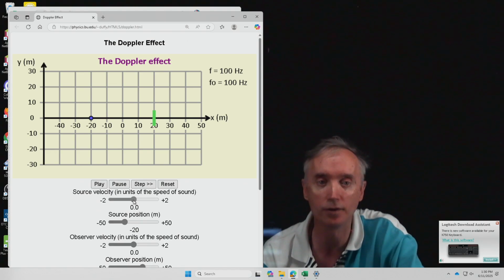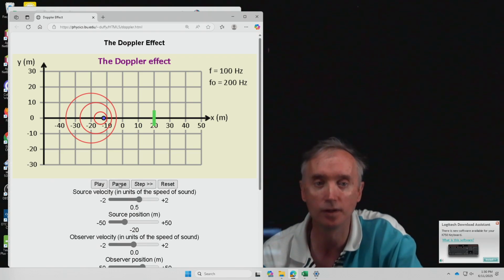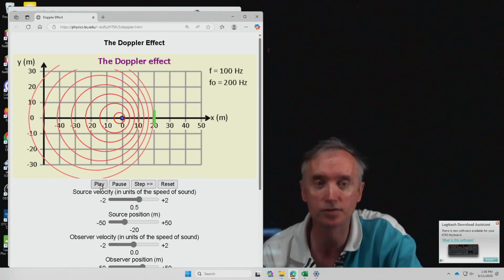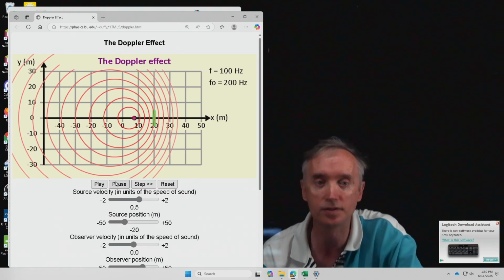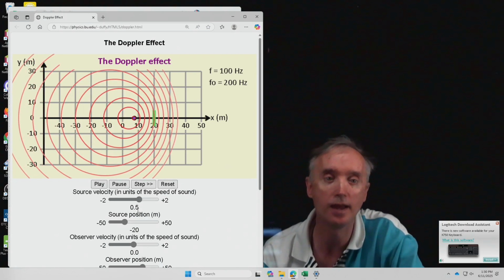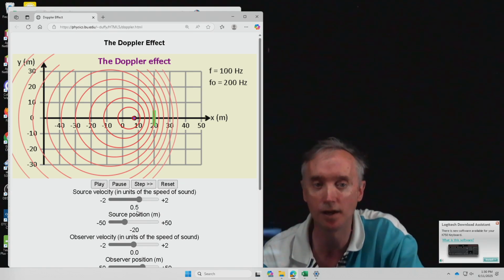Now, if we, on the other hand, put it over here, okay, now you notice it activates the thing there, and then we can pause it so that you can see what's going on. So let me go ahead and play it. But you see that the source of the sound is now moving to the right, okay, and then it's moving at a speed of 0.5 times the speed of sound.